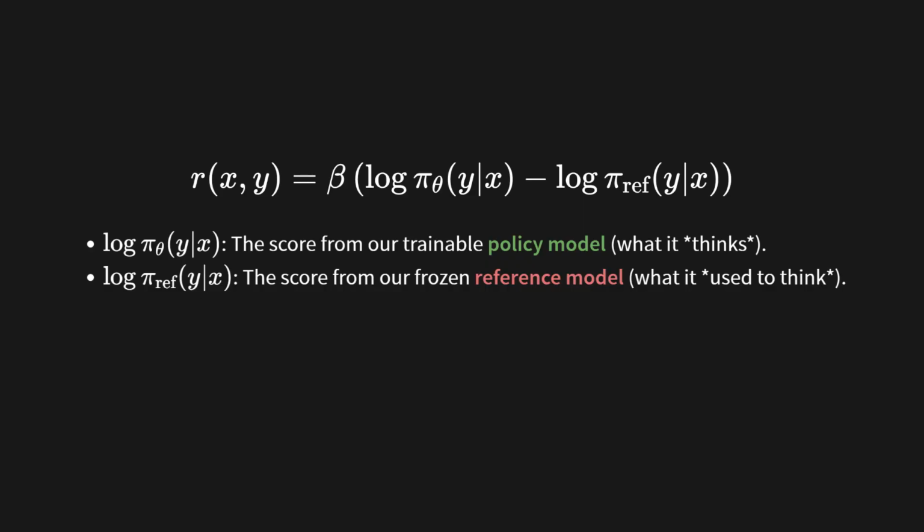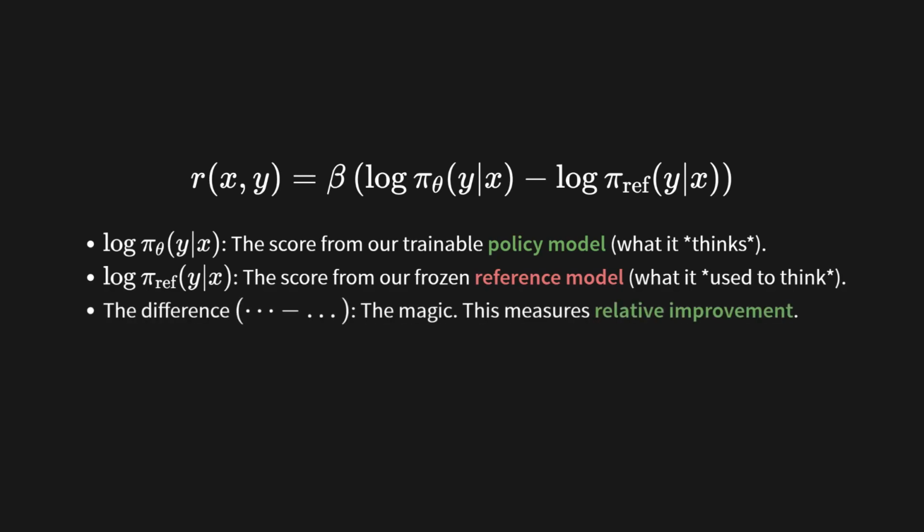This is what it used to think. Now, here's the interesting part. The difference between them, that's the magic. This measures relative improvement. A response only gets a high score if our new model likes it a lot more than the old one did.